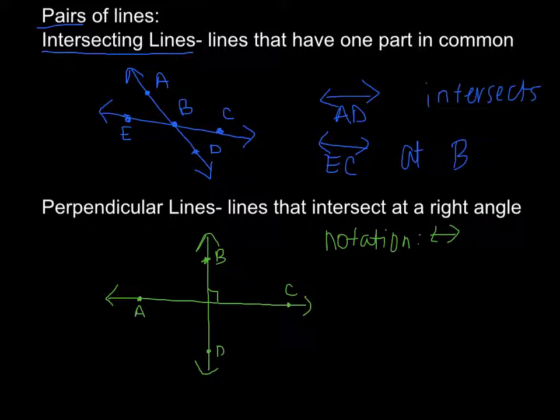Okay, line AC, let me try that again, is perpendicular to line BD. Okay, so again, this means perpendicular.